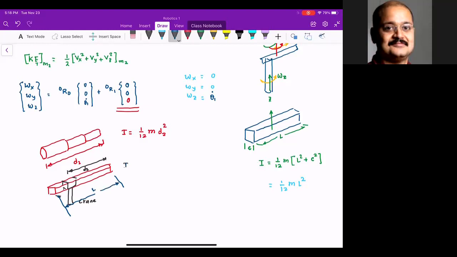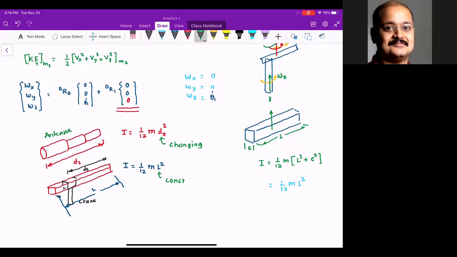So I is equal to 1/12 ml square. L is constant and D is changing. So this is like an antenna. And this is like a crane.